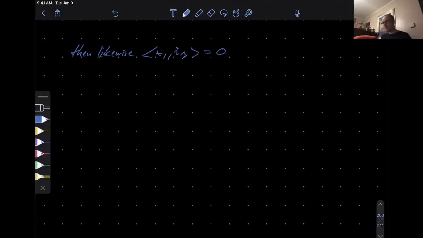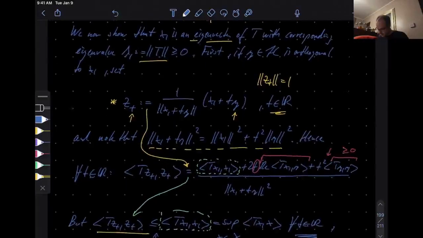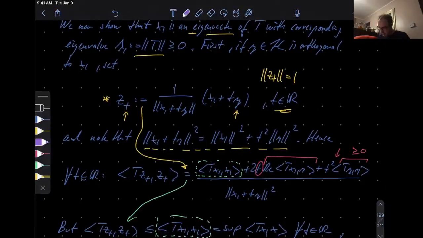Now you can repeat that little computation with the family I had here. My family was z(t), which was x1 plus ty. Now you just do it with plus ity. So everywhere you see y, you replace it by the imaginary unit times y, and you do the same thing again.